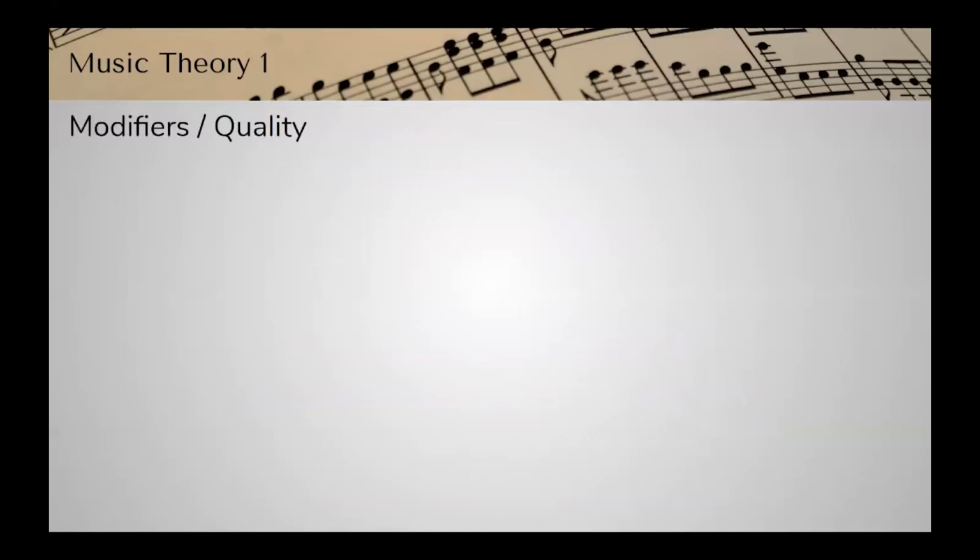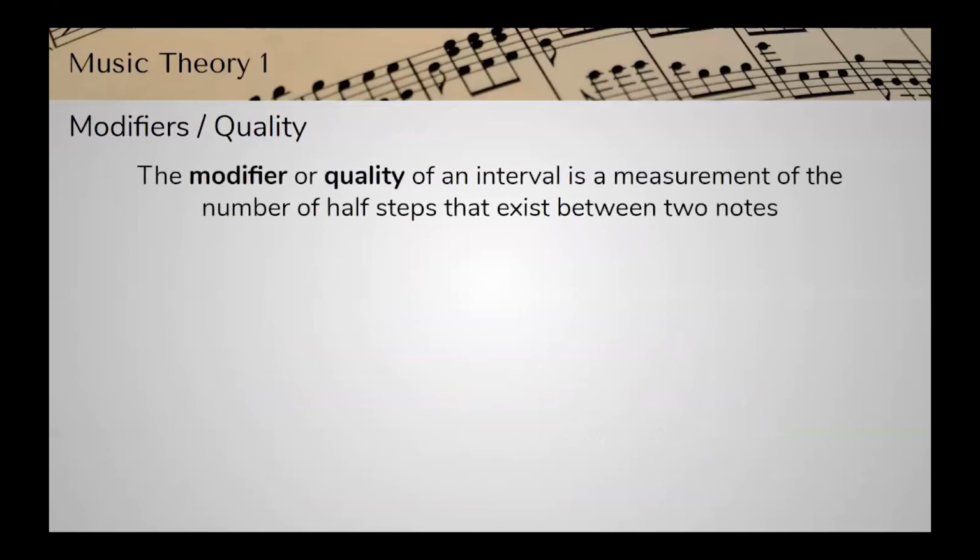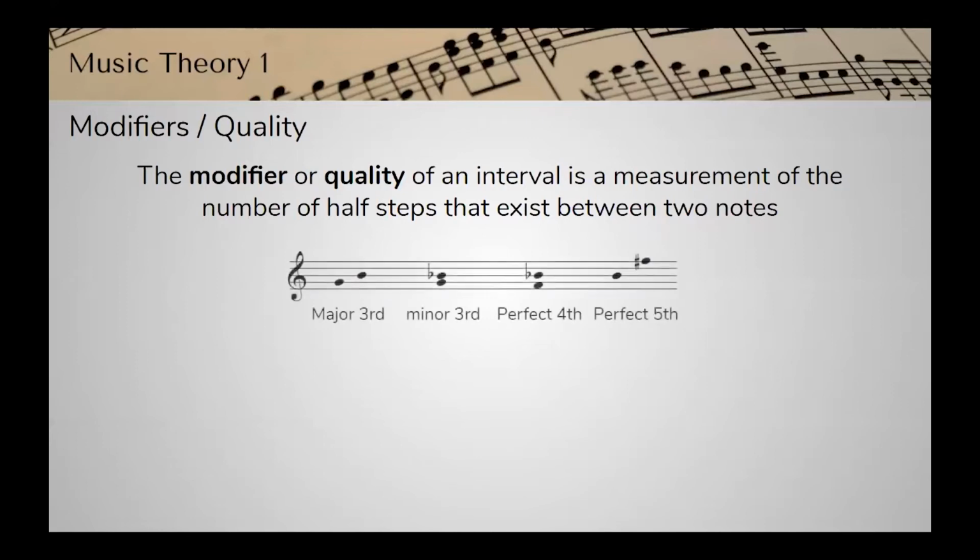Okay. Let's talk about the trickier part, which is the modifier or quality of an interval. And this is just the measurement of the number of half steps that exist between the two notes. Okay, so here are some examples of their interval numbers with their quality.